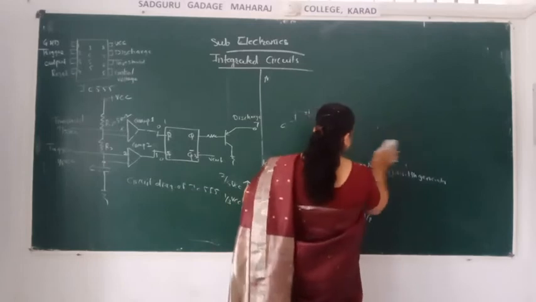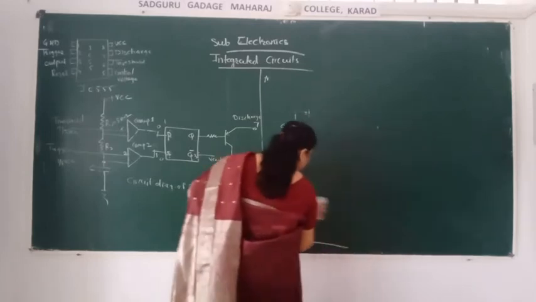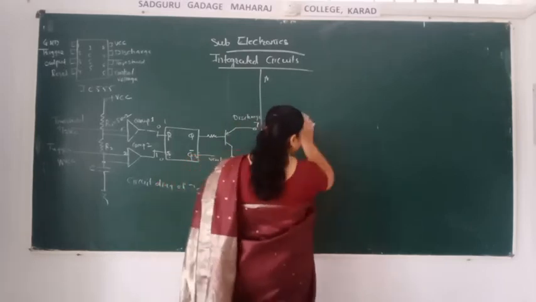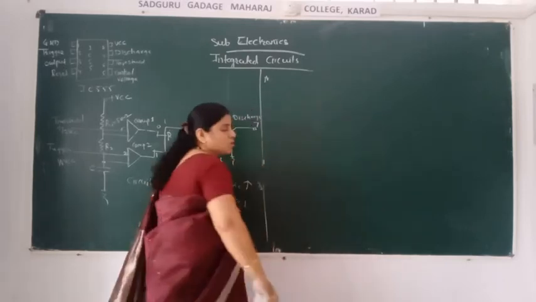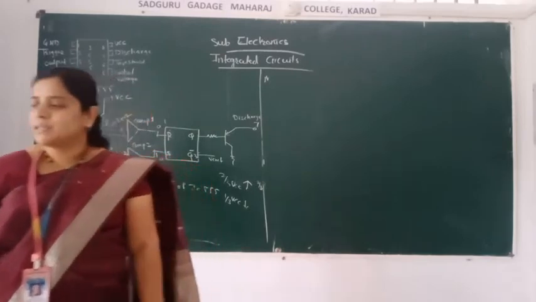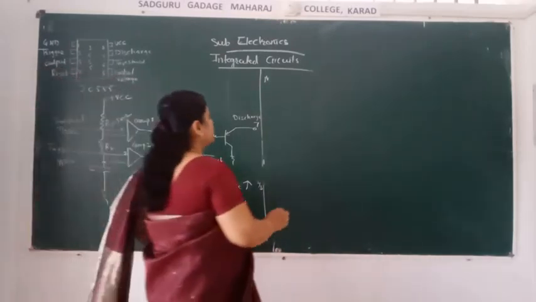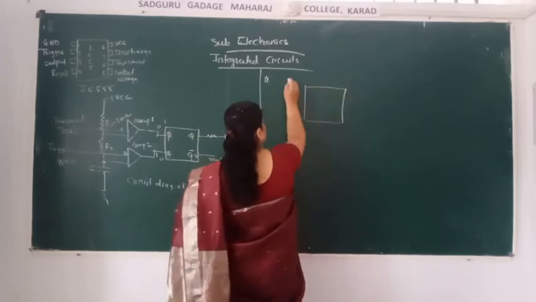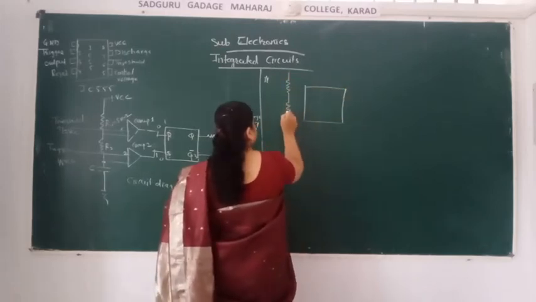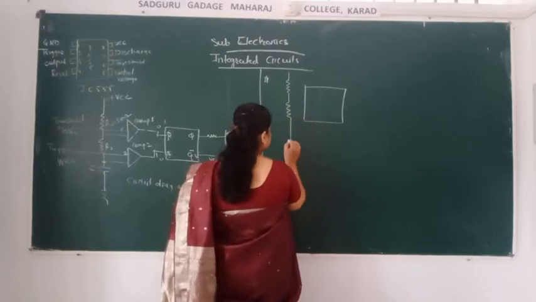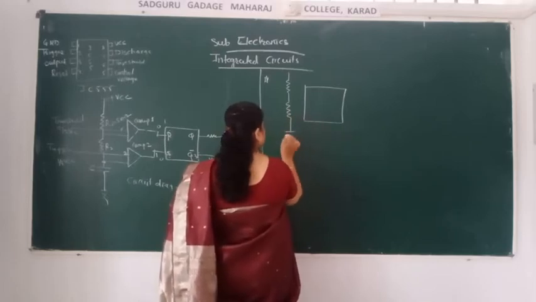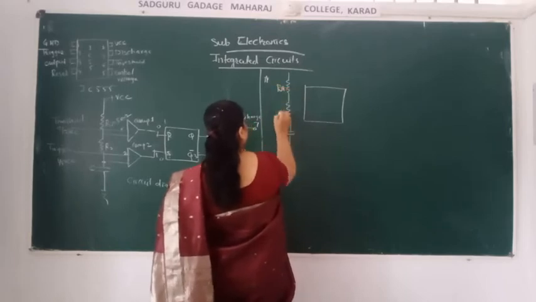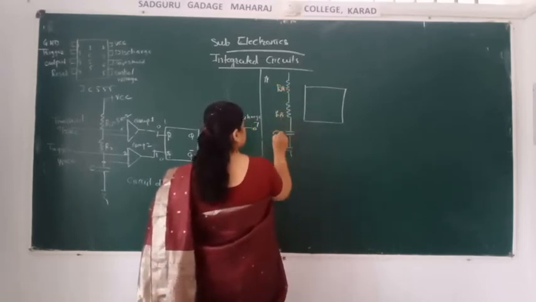Next we have seen is the astable multivibrator. What is the difference between these two? In the monostable multivibrator, pin number 6 and 7 are common and one resistor and one capacitor are used, but in the astable multivibrator, see the circuit. Pin number 6 and 7 are common. We use two resistors, RA and RB, and this capacitor.